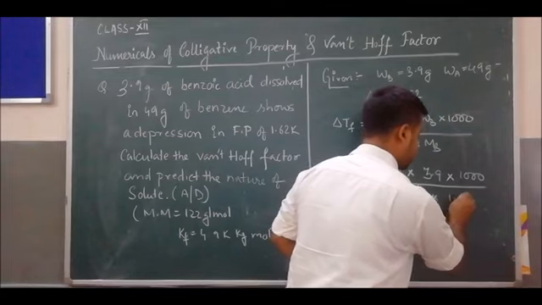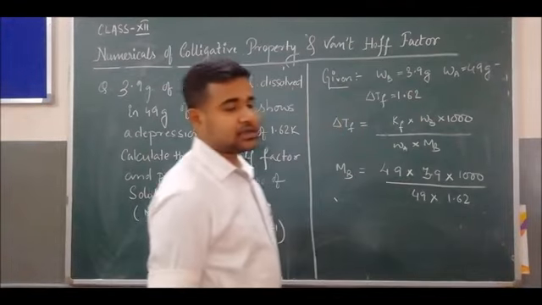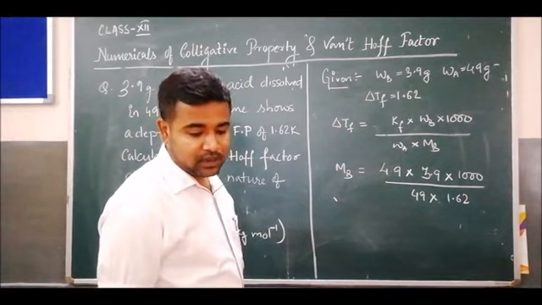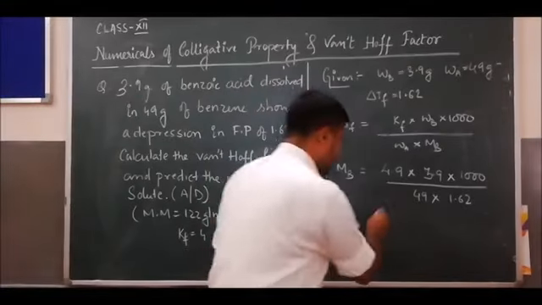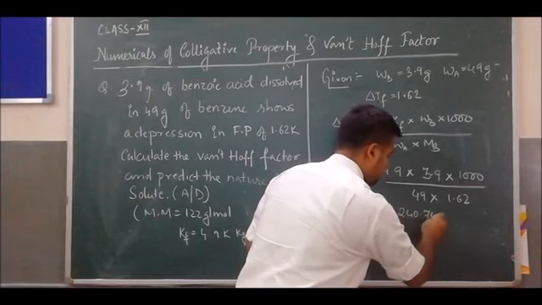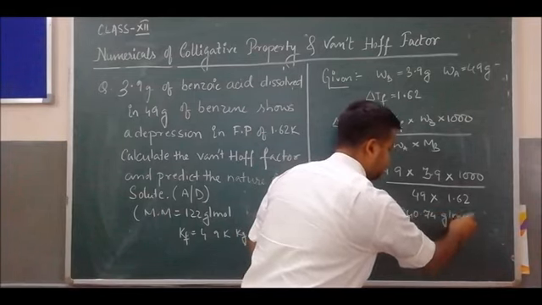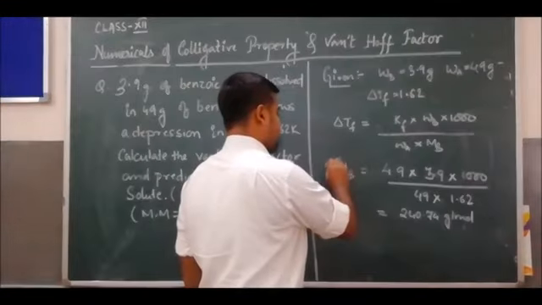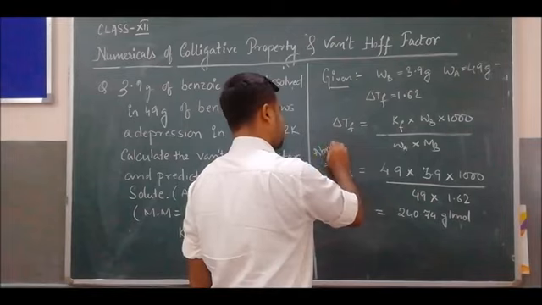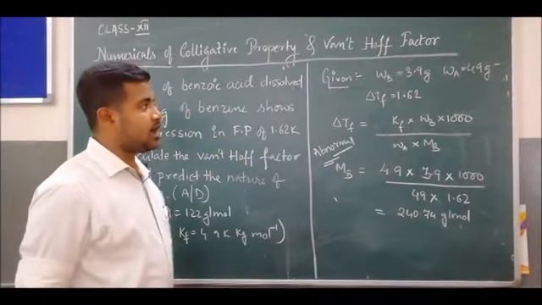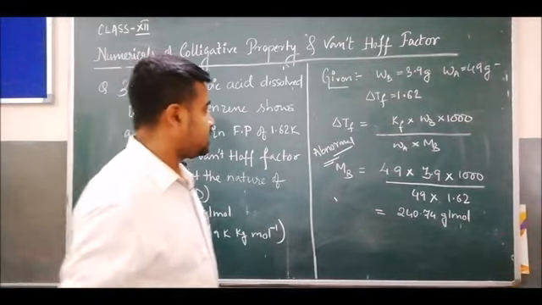If we solve this equation, the answer will be 240.74 gram per mole. Clear? This is the abnormal molar mass.